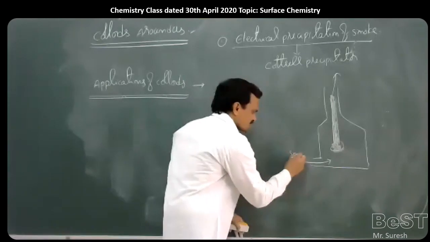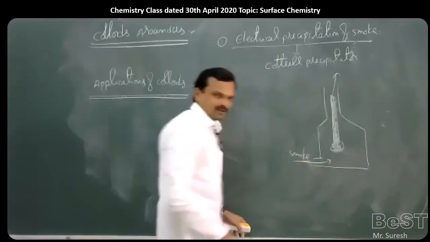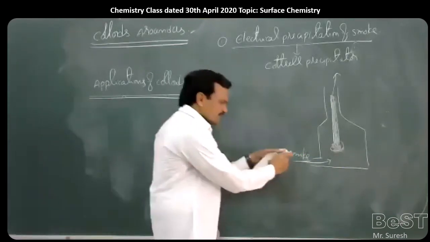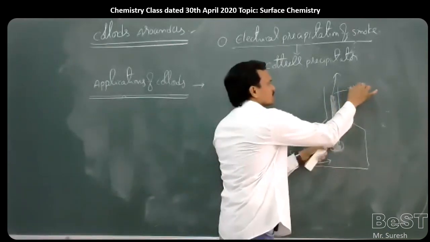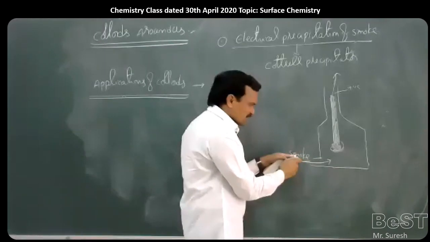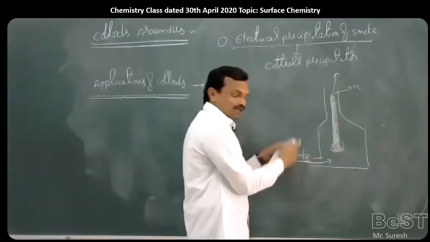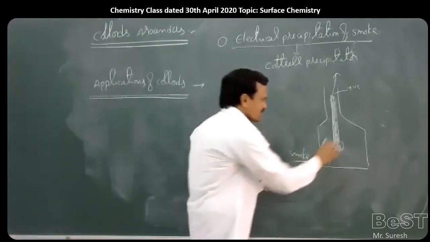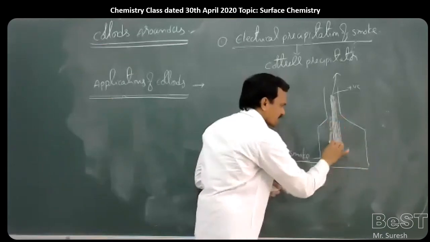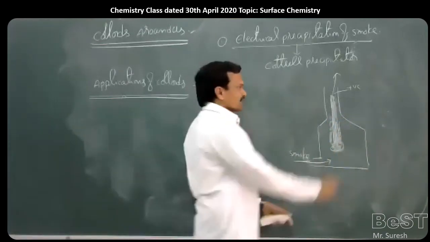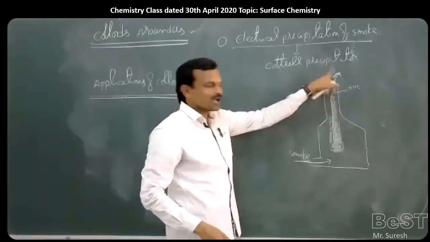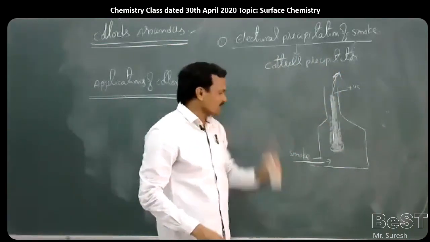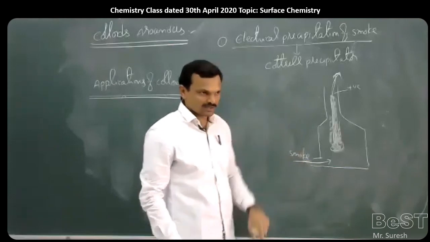The smoke particles contain negatively charged particles. Whenever these smoke particles touch the electrodes having a positive charge, the charge on the smoke particles, that is, the carbon particles, gets neutralized. They deposit on the surface of the electrodes, and the gases released from the chimney are free from carbon particles as well as dust particles.